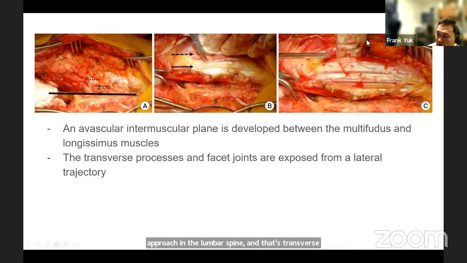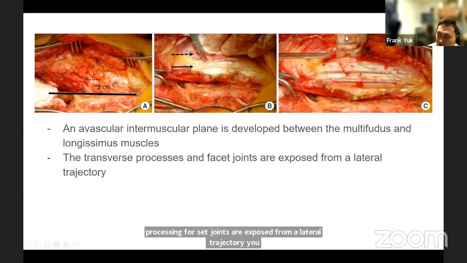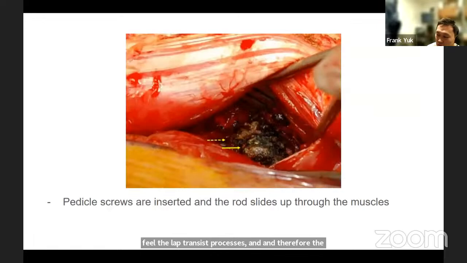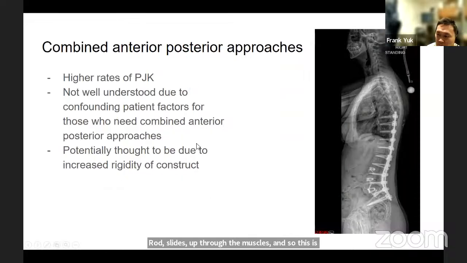You can see here Dr. Lanke's put his finger down to try to feel the transverse processes, and therefore the entry points for those screws. Then a small retractor is inserted, the pedicle screws are inserted through this small opening, and the rod slides up through the muscles. So this is another technique to try to preserve the posterior tension band.